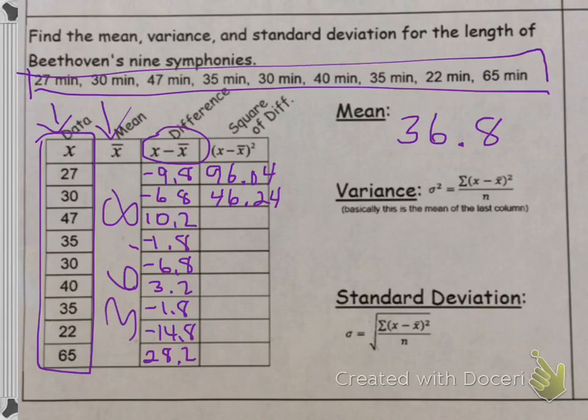10.2 squared is 104.04. Negative 1.8 squared is 3.24. Negative 6.8 squared is 46.24. 3.2 squared is 10.24.